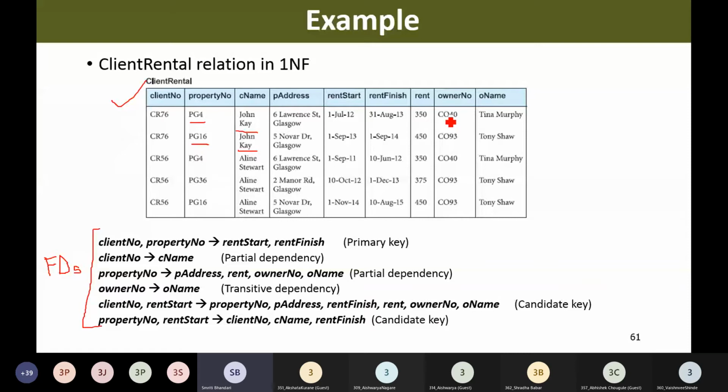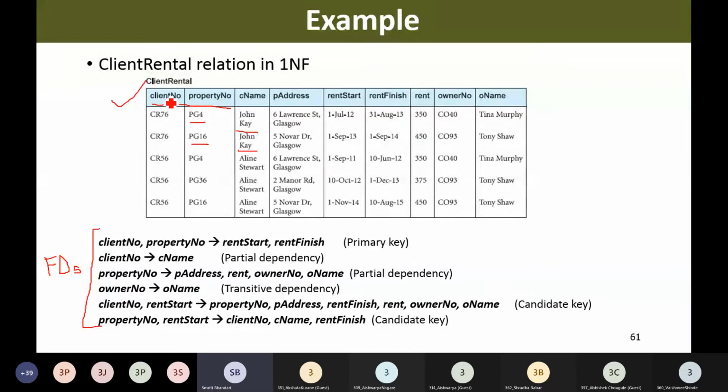These two attributes are actually determining all other attributes in our relation. And that is why we are saying that client number, property number is our primary key that determines all other attributes in this relation.